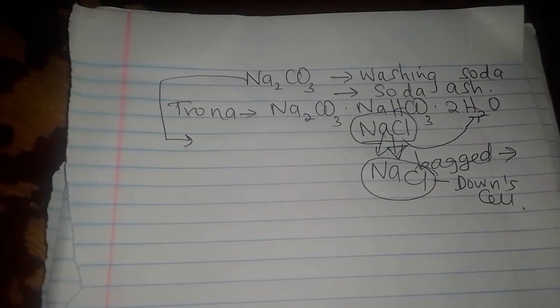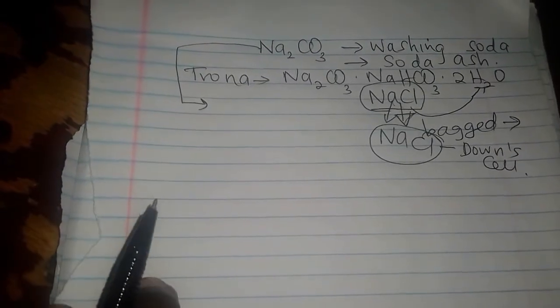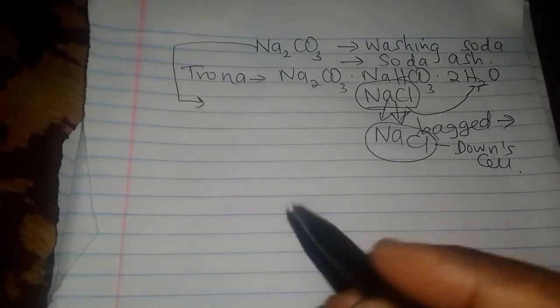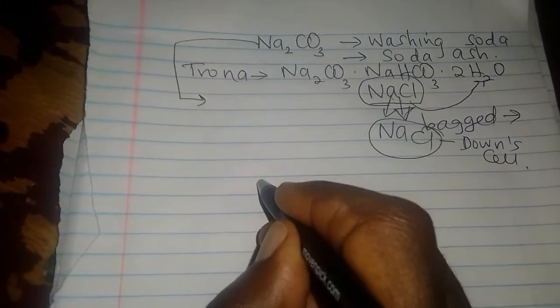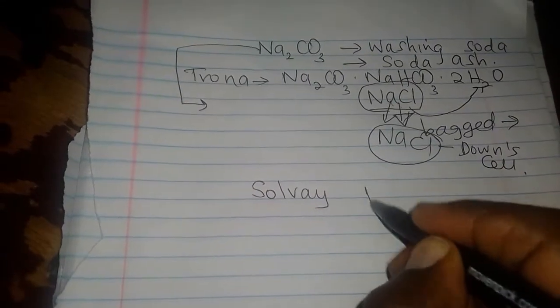Okay, so let's go to the second way of obtaining sodium carbonate or trona component. In this case, we are going to look at a process called the Solvay process.